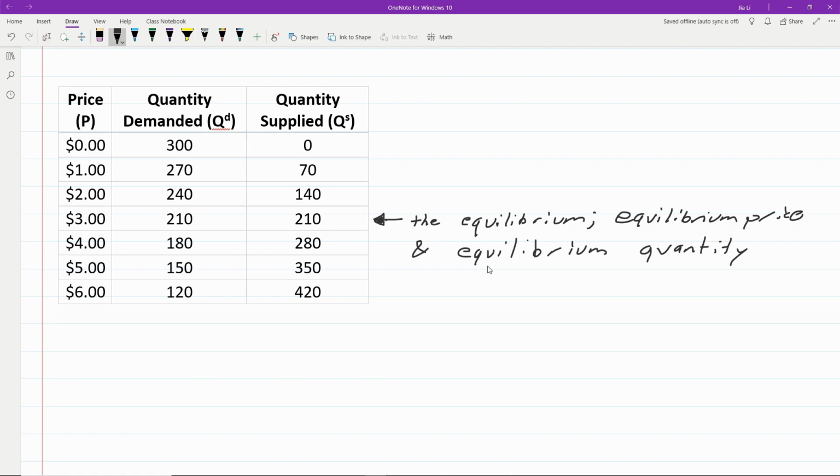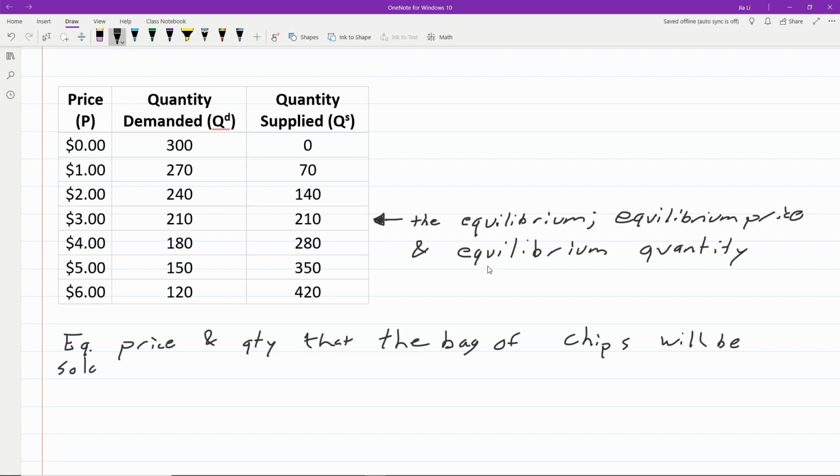And these are the price and the quantity that the bag of chips will be sold at, and the number that will be sold.